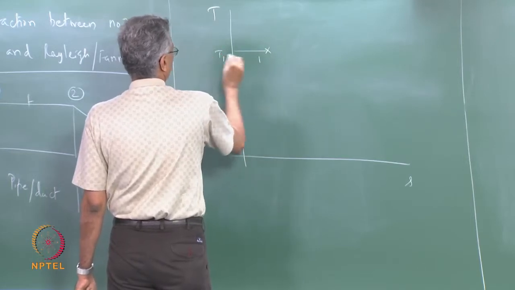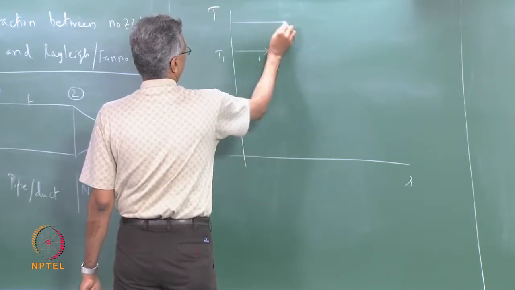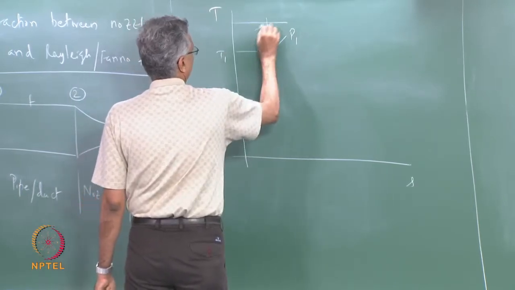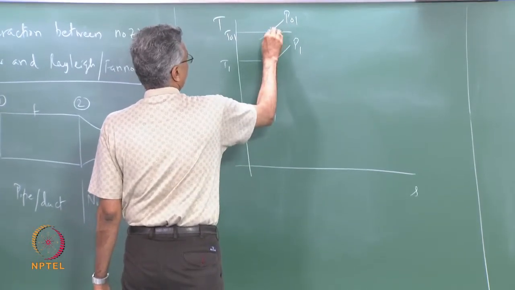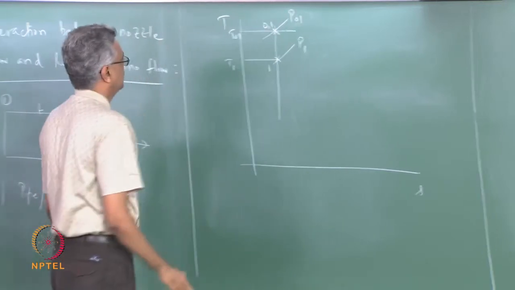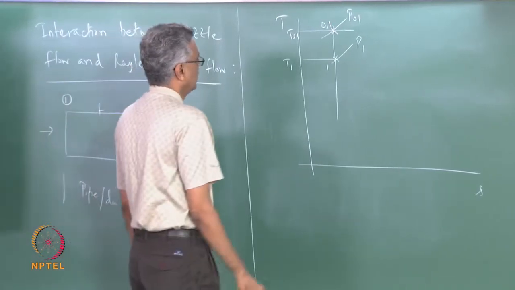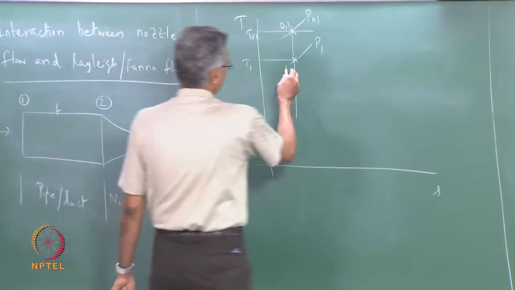So, this is T1 and this is P1. So, this is P01 and this is T01. So, this is my stagnation state corresponding to static state 1, and now we are actually following a Fano line in this case.